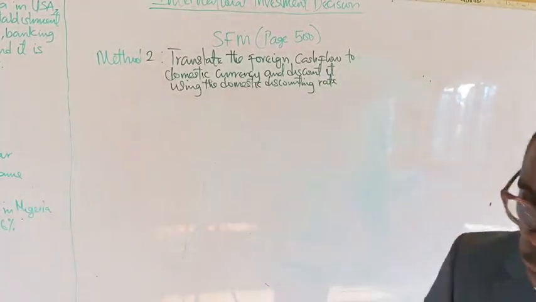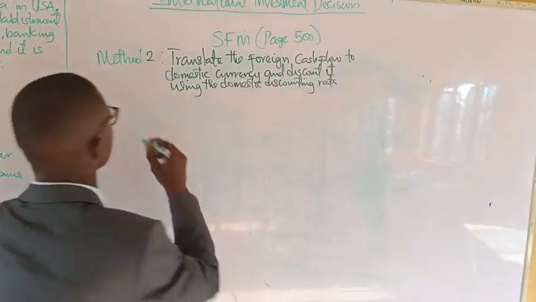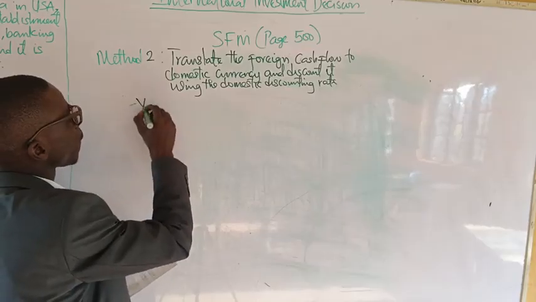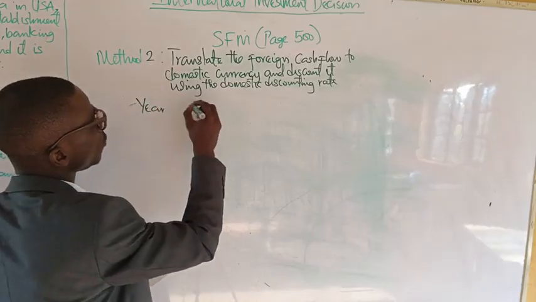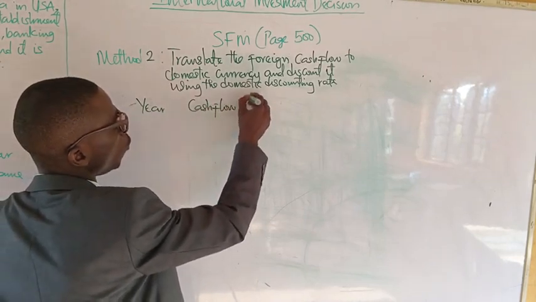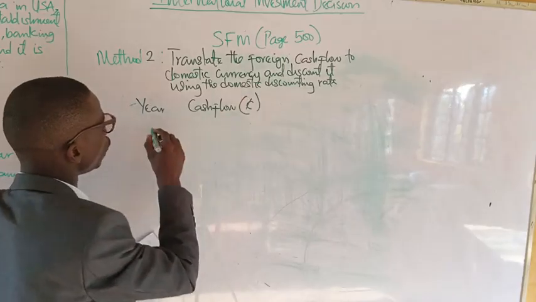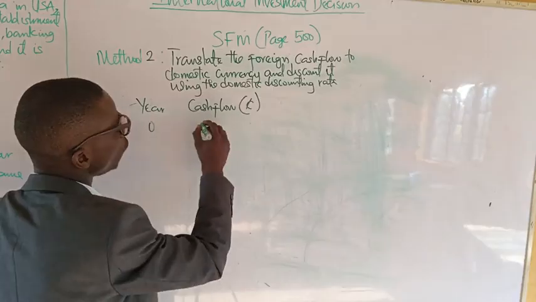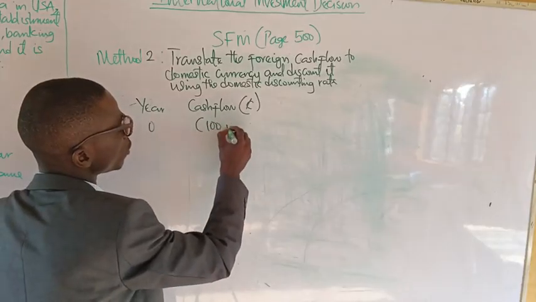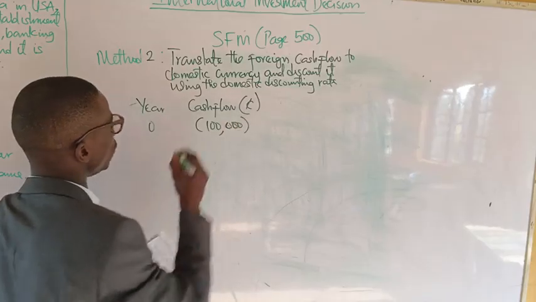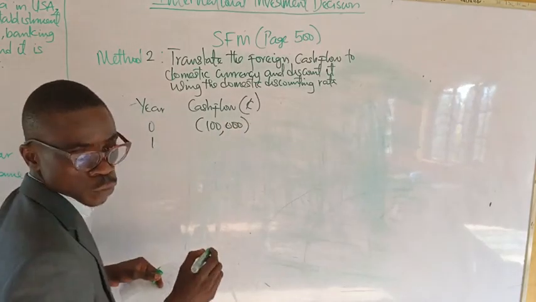Alright. Now don't forget we have here the cash flow, which is in cedis. So here is 0. The cash flow, which is cash outflow, is 100,000 cedis. Year 2.